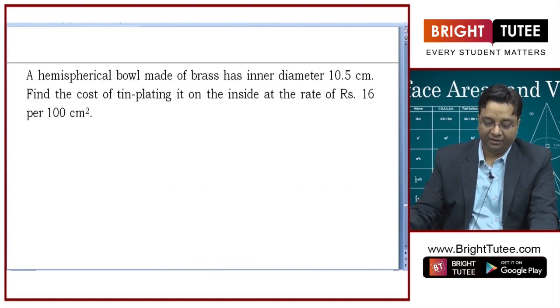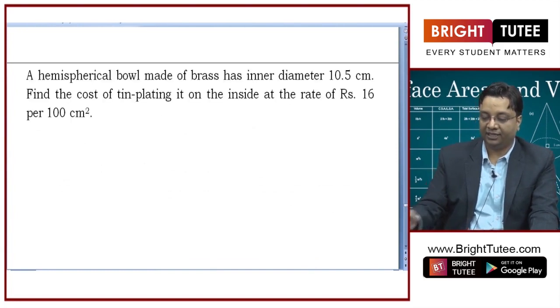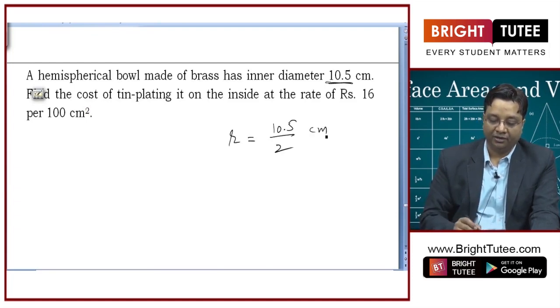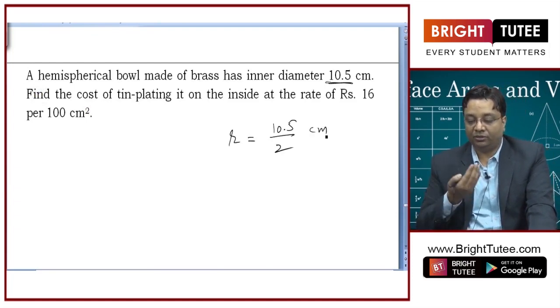A hemispherical bowl made of brass has inner diameter as 10.5 centimeter. The first thing is to convert it into radius. So radius is 10.5 by 2 centimeter. Find the cost of tin plating it on the inside at the rate of rupees 16 per 100 centimeter square.